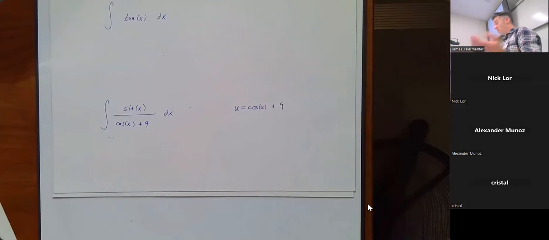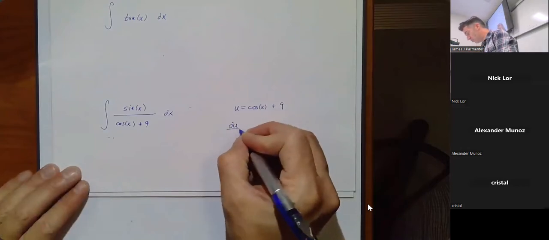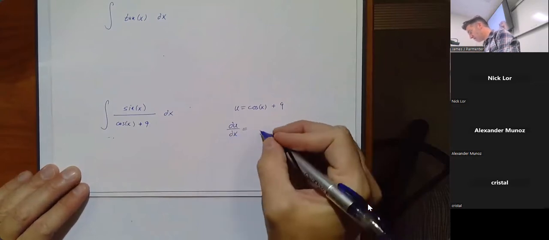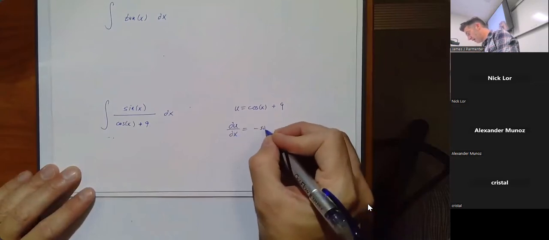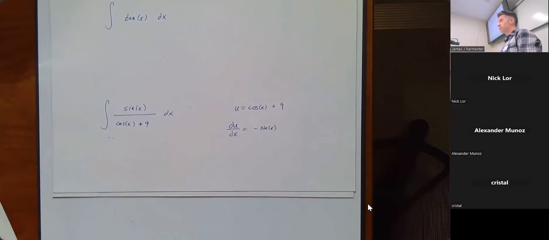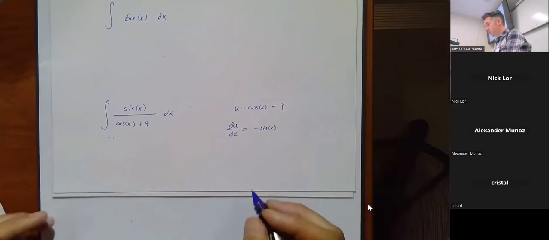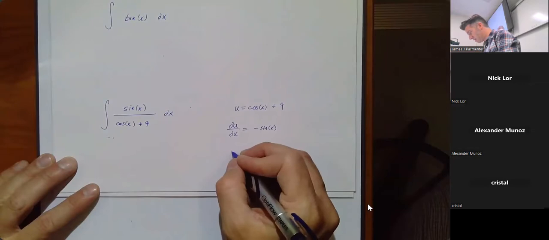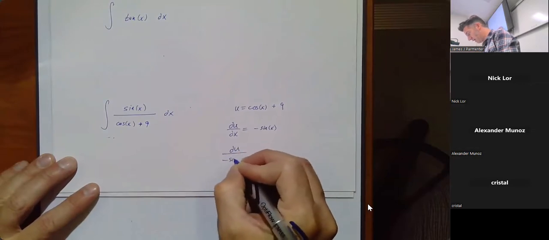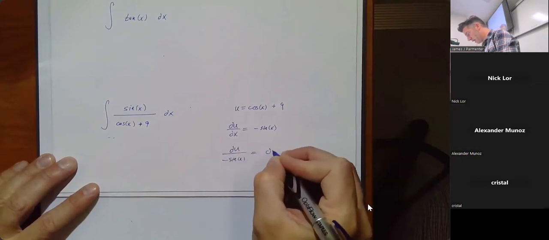The derivative of 9 is 0. So when I find du/dx, I'm going to get negative sine of x, end of story, plus 0. And then solving for dx, I'm going to get du over negative sine of x equal to dx.